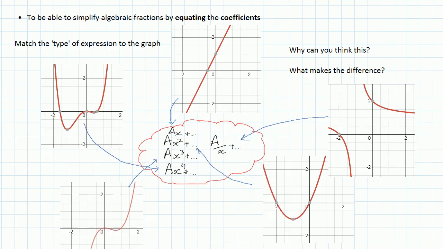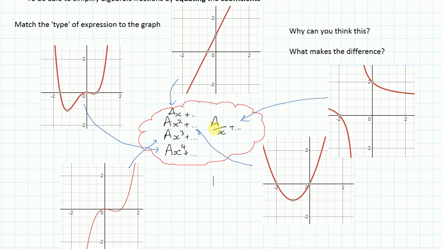And it's that which is the conclusion for equating coefficients. The only way to get a curve that follows an x to the 4 part is there must be a term that is x to the 4 in the equation.